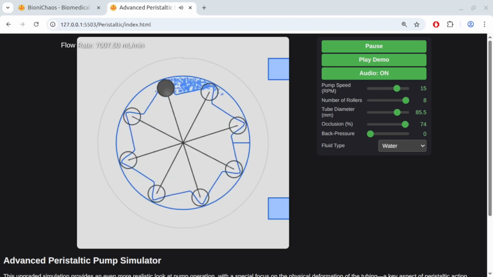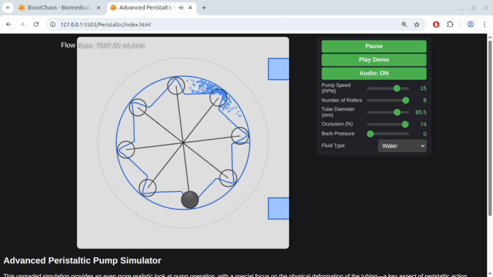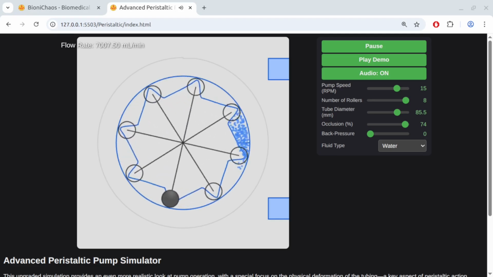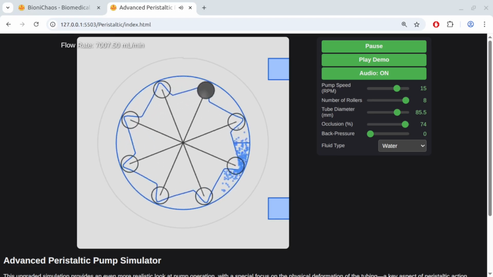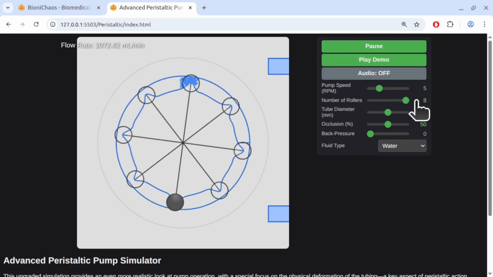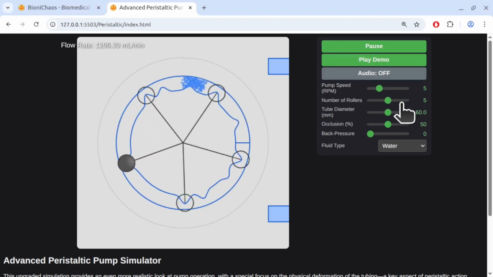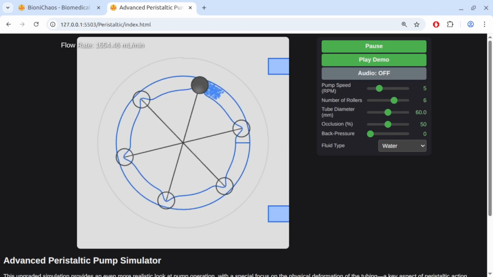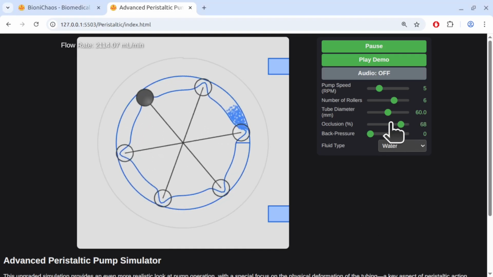We refactored the code, it's currently 881 lines. That's okay. Number of rollers. Okay, now the update flow rate is being calculated.